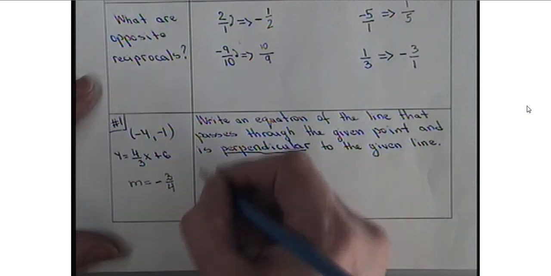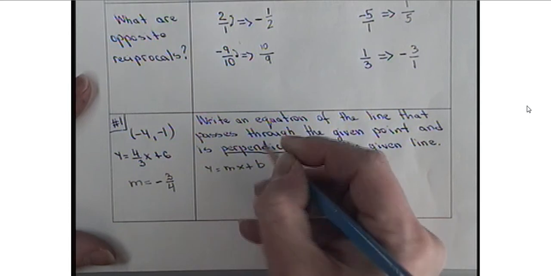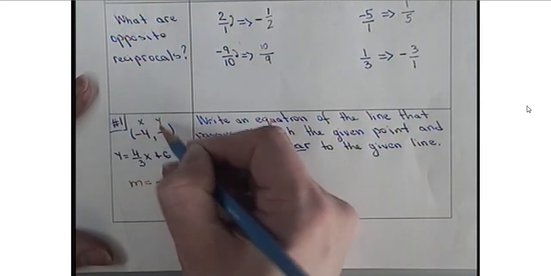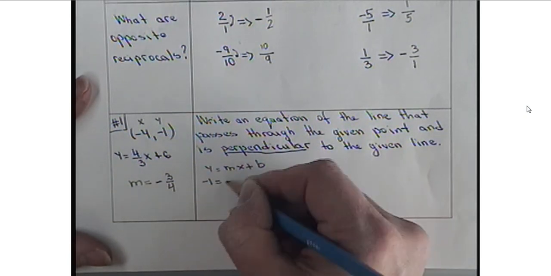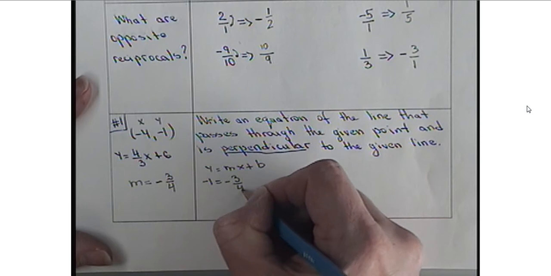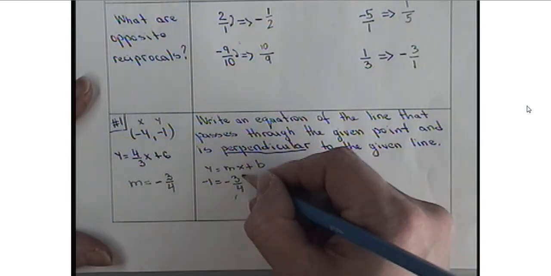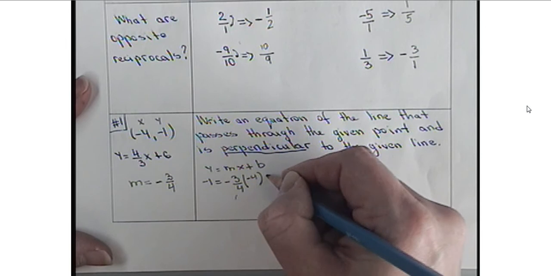Everything else, I think you already learned how to apply the steps. So we're writing y equals mx plus b form, and we substitute the x and y coordinates from the point: y, -1, equals the slope, the new slope will be -3/4. Remember, we are using the perpendicular line slope now. This times x, which is -4, plus b.